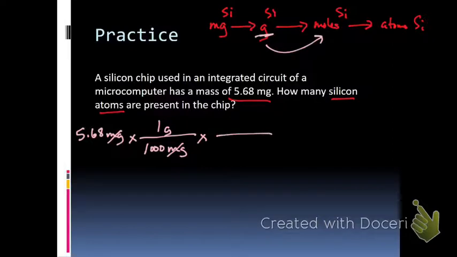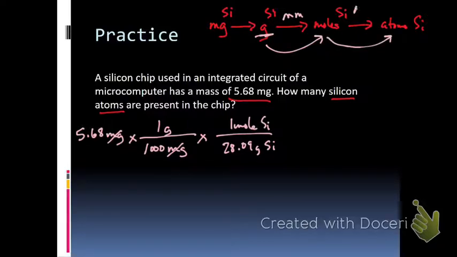To get to moles of silicon, I'm going to use the molar mass. Remember, to go from mass to moles, you use the molar mass. So silicon has a molar mass of 28.09. It's not a diatomic, right? So it's just 1. So 28.09 grams of silicon is equal to 1 mole of silicon. Cool. So I'm now in moles, and now I can go to atoms.